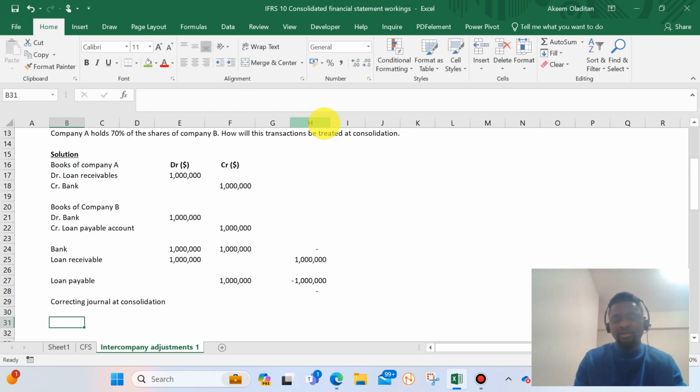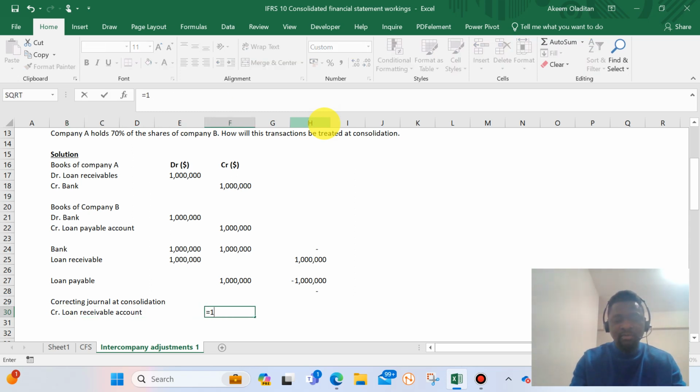So the correcting journal at consolidation, because in the books of A, which is company A, loan receivable has been debited. So what we need to do is we credit the loan receivable account with $1 million, and you debit loan payable.